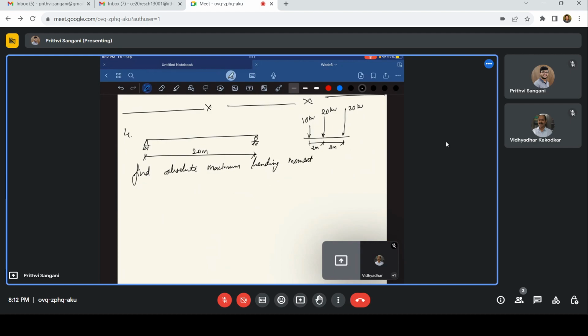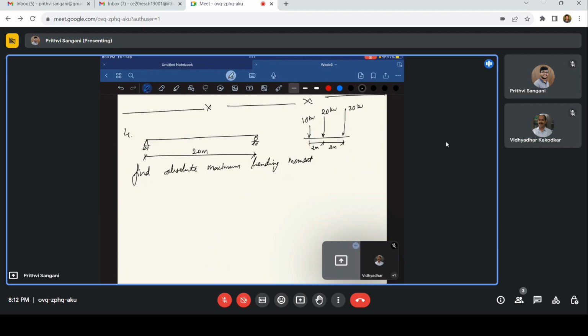Okay. So again we know the absolute maximum bending moment usually occurs at a point of load. If you can refer back to the lecture notes which the professor has covered, he actually derived one interesting point in that.